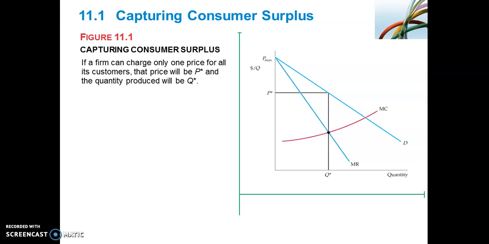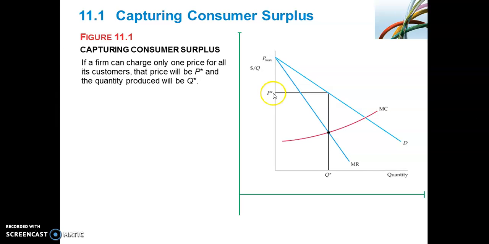You know from chapter 10 that the price a firm would choose to maximize profit would be at P star, and this is where marginal cost and marginal revenue intersect at an output of Q star. And then to determine the price, I trace that up to the demand curve because they have to take into account the market demand. And in so doing, you can determine the price that will be charged.